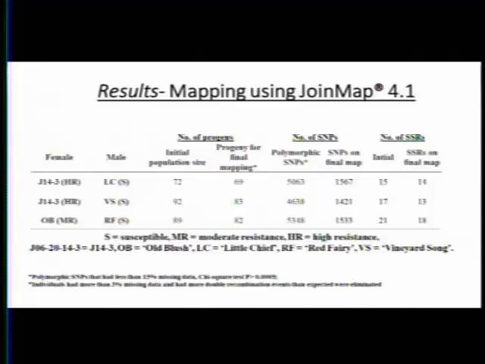Then we excluded those individuals, maybe selves, and we were down to 69, 83 and 82 individuals for each population. When we started the mapping, we had about 4,000 to 5,000 SNP markers.